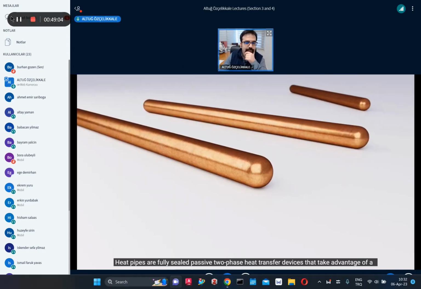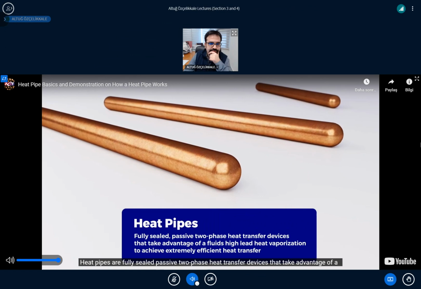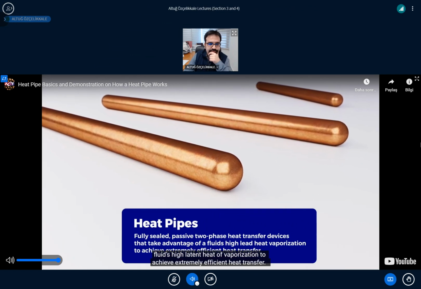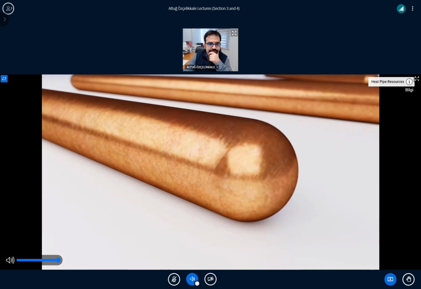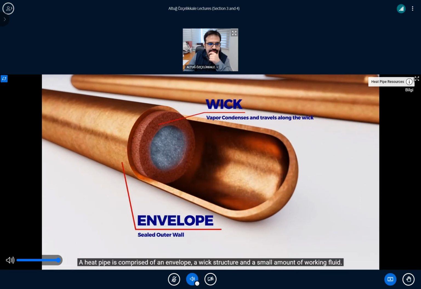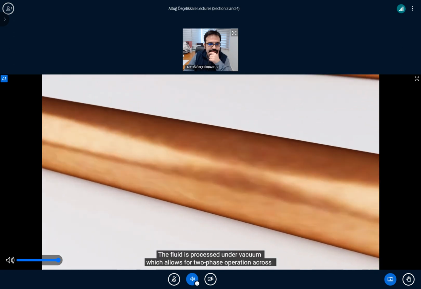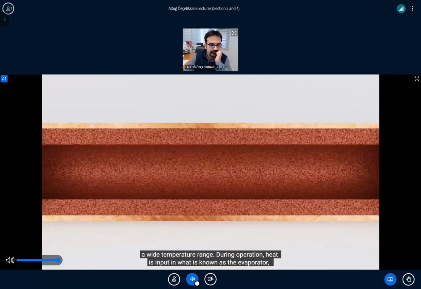Heat pipes are fully sealed, passive two-phase heat transfer devices that take advantage of a fluid's high latent heat of vaporization to achieve extremely efficient heat transfer. A heat pipe is comprised of an envelope, a wick structure, and a small amount of working fluid. The fluid is processed under vacuum, which allows for two-phase operation across a wide temperature range.